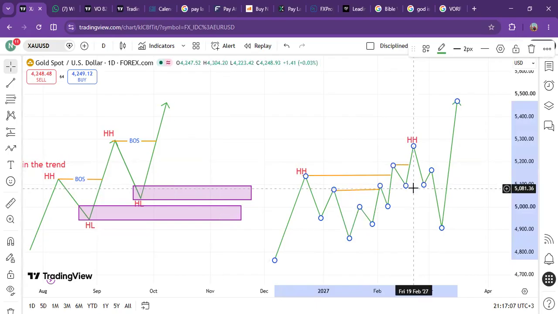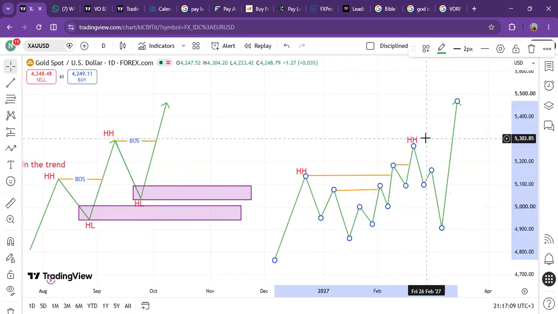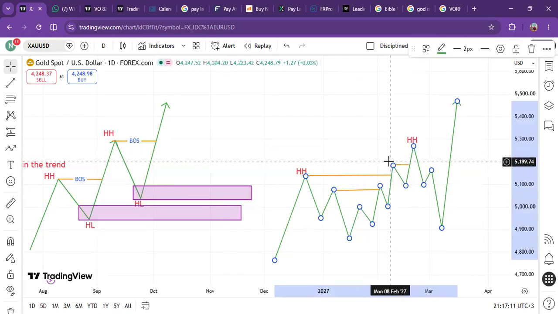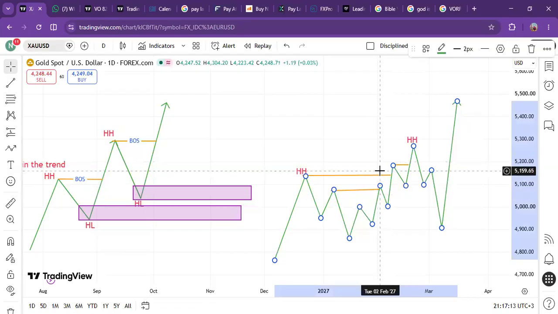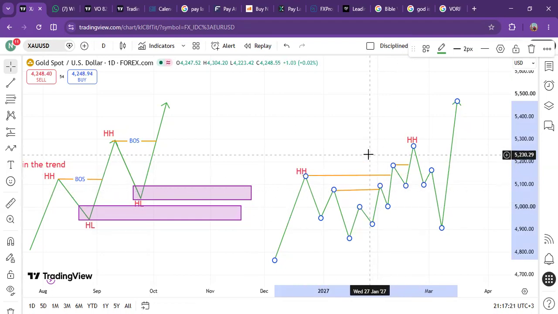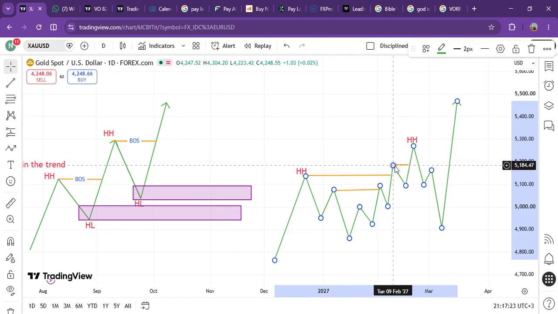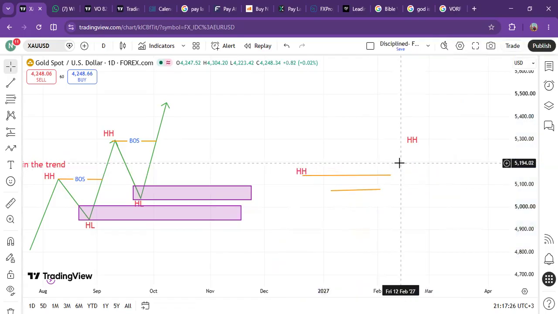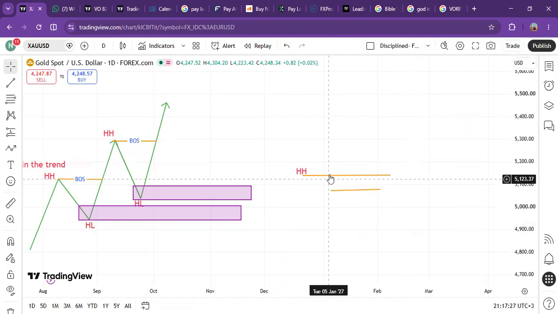Okay, so the rest here, you just ignore the noise in the market, because that is one thing that usually confuses most people. I'm going to get to the market, and I'll show you how you mark both the internal and external market structures and all that. Okay, so I hope that you have understood the point.